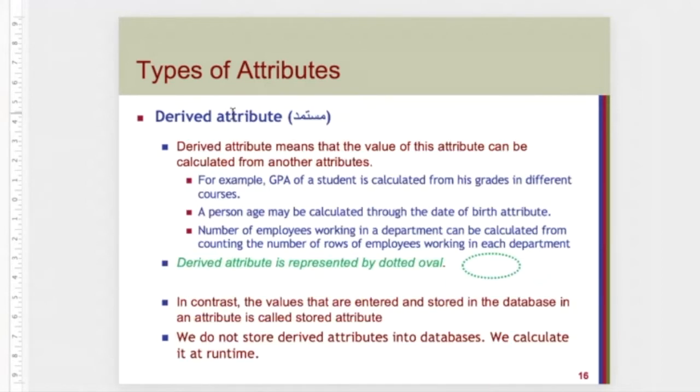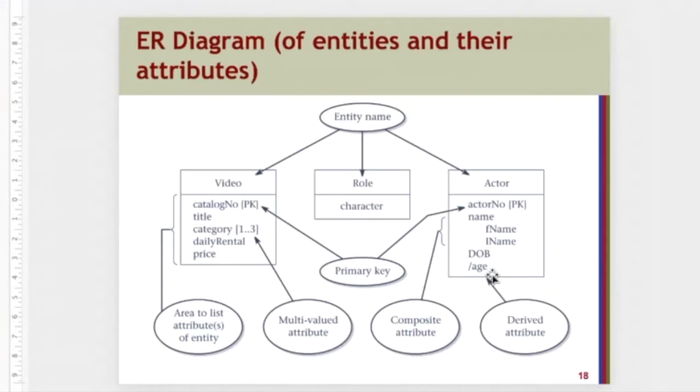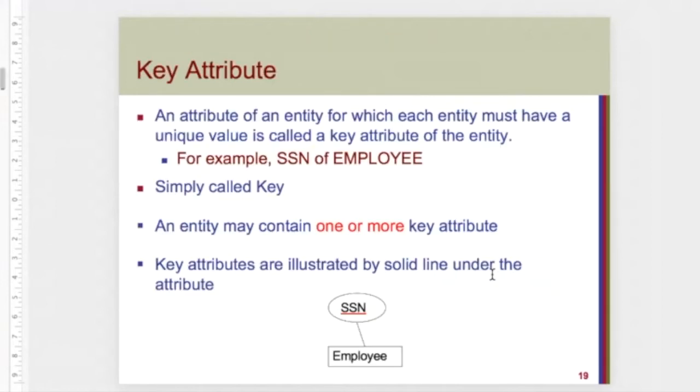If our attribute is derived, we represent it with a dotted oval. Then we saw the composite attribute, which is basically made up of more than one attribute. Then we saw how we draw attributes together with an entity.